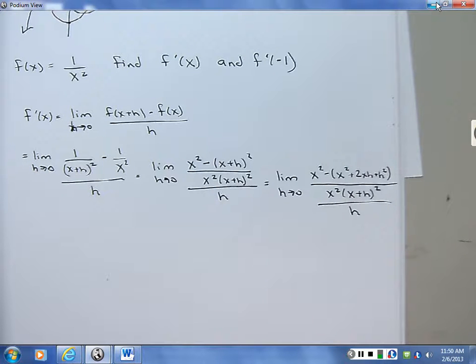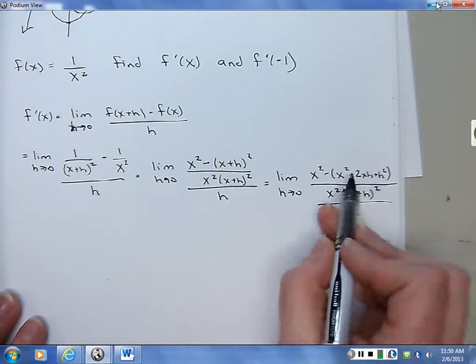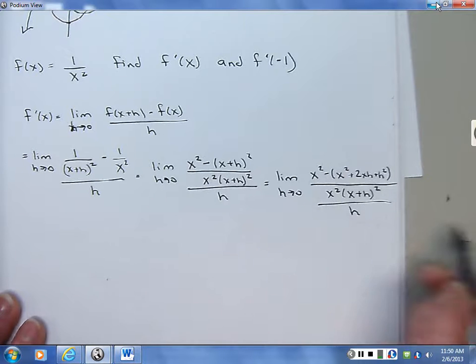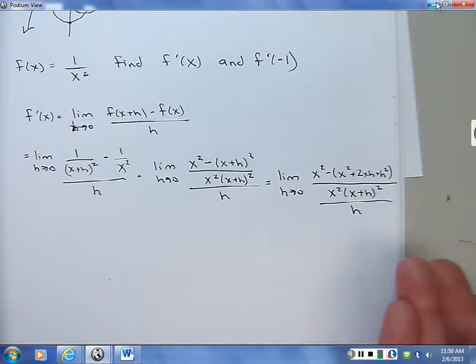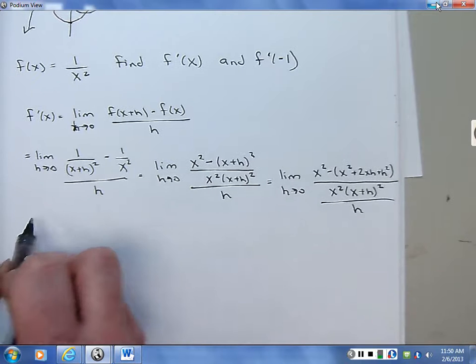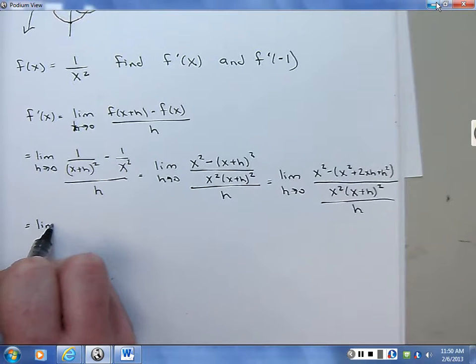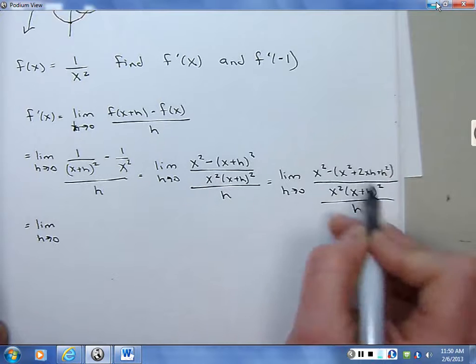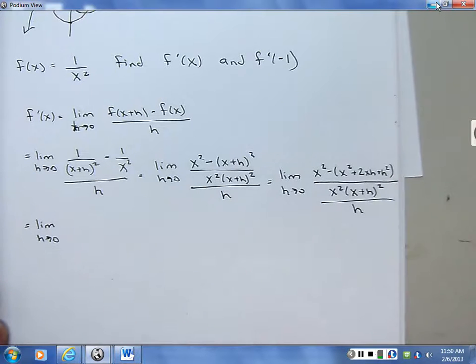It's a style thing. You're not wrong to leave it this way. Because eventually if I have an h out front, I can cancel it. So in this expression, I'm going to leave it like this. In the next expression, I'm going to pull it up in the numerator.